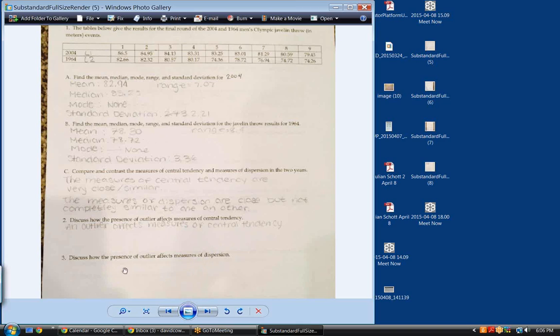Discuss how it affects the measures of dispersion. Well, I kind of did that all at once. It makes the range bigger. What did I say about the measures of dispersion? Just a second, I have that in my book right there. Yeah, it spreads out the data.